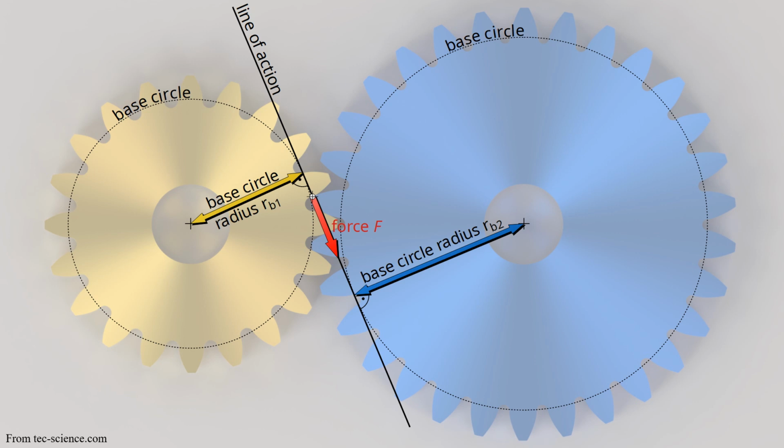Now, you should also realize that the radius of base circle number 1 and the radius of base circle 2 are going to be different. These can be selected depending upon the gear ratio. So it is not always the case that the length of this line of action, from this point all the way to this point, is constant.